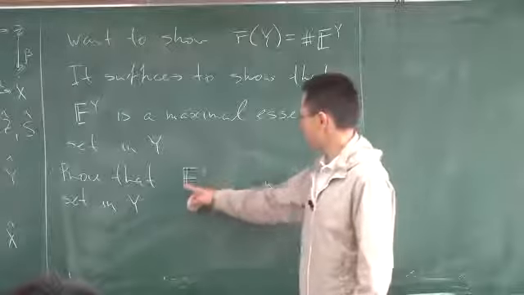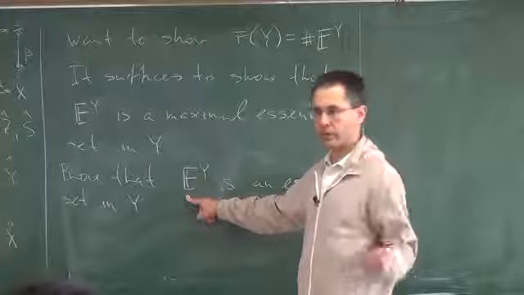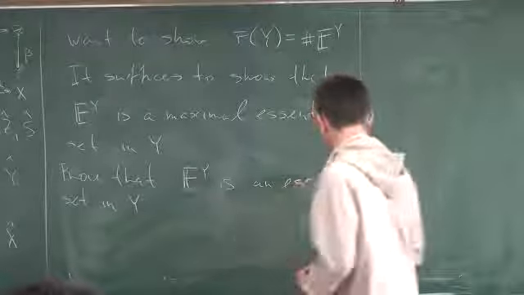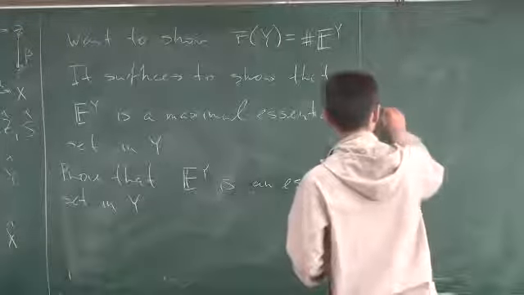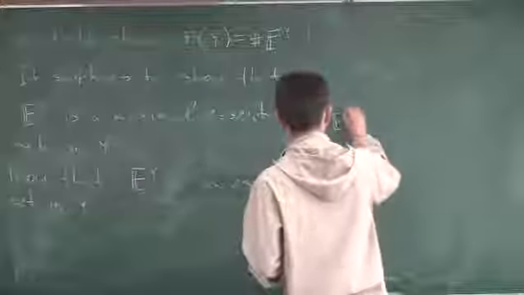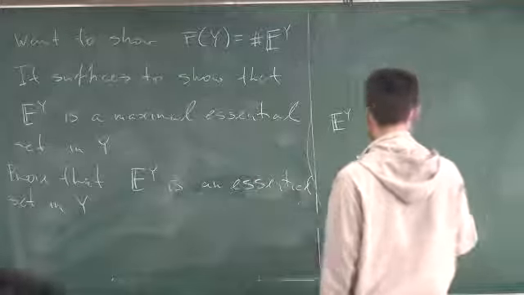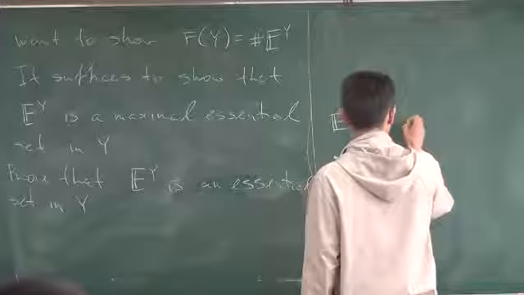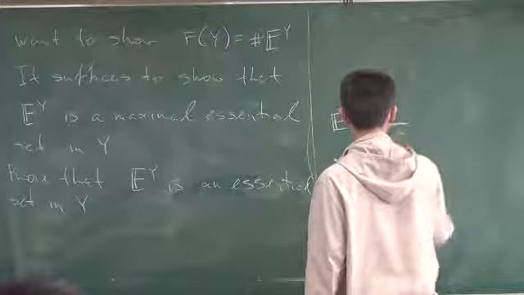We need to unravel the definition of this. This was the quotient of the set of other essential edges. So this is the picture. Take this E sub Y, EY. So pick some element, take some sigma.